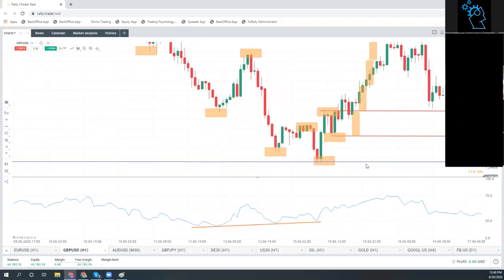So you also need the price action to help you in establishing good entry and exit points.